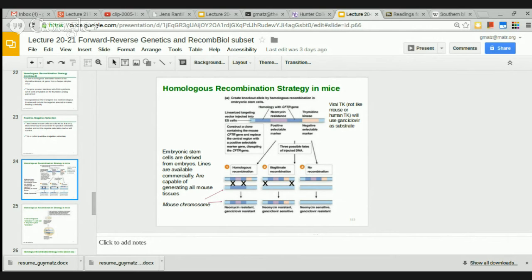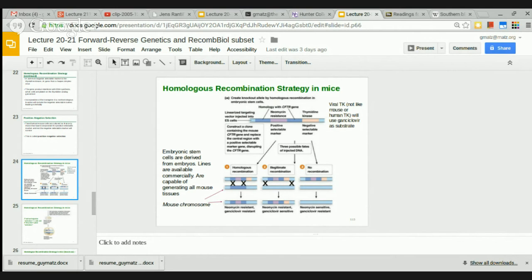We now have such cells that we can keep frozen in the freezer, and anybody can pull them out. You can buy them from a company, these embryonic stem cells for mice. And we're going to use those to knock out this gene, because each one of those individual cells can make a mouse.